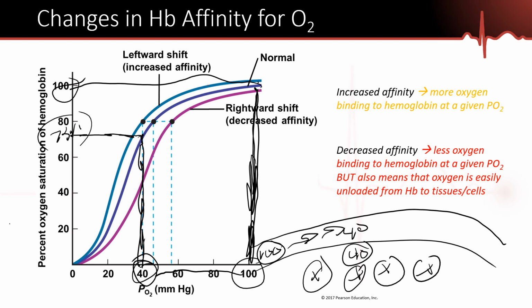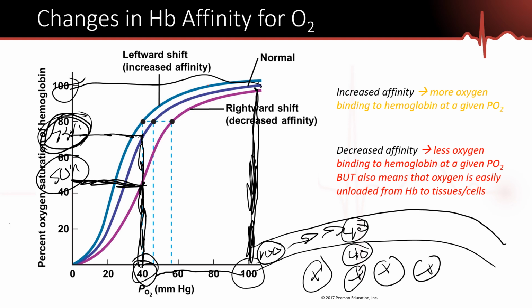Now, the partial pressure of oxygen within the blood plasma is still 40, but the hemoglobin dissociation curve has shifted to the right. And that means if the partial pressure of oxygen within the blood plasma is 40, which is what it normally is as it travels through the systemic capillary, but the body is hot and acidic due to physical activity and the curve has shifted to the right, then at a partial pressure of oxygen of 40 within the blood plasma, hemoglobin will unload 50% of its oxygen and become 50% saturated, rather than what it normally does, which is unload 25% of its oxygen and become 75% saturated.